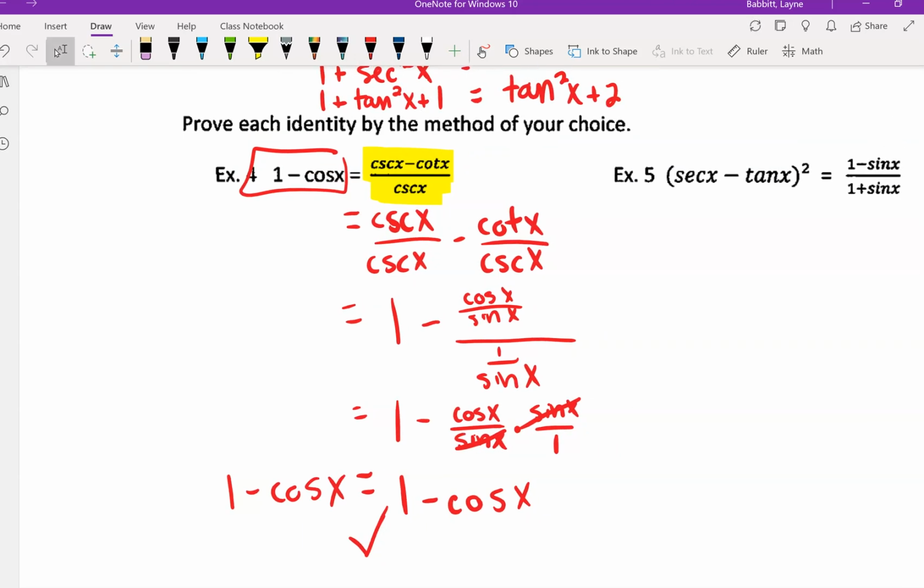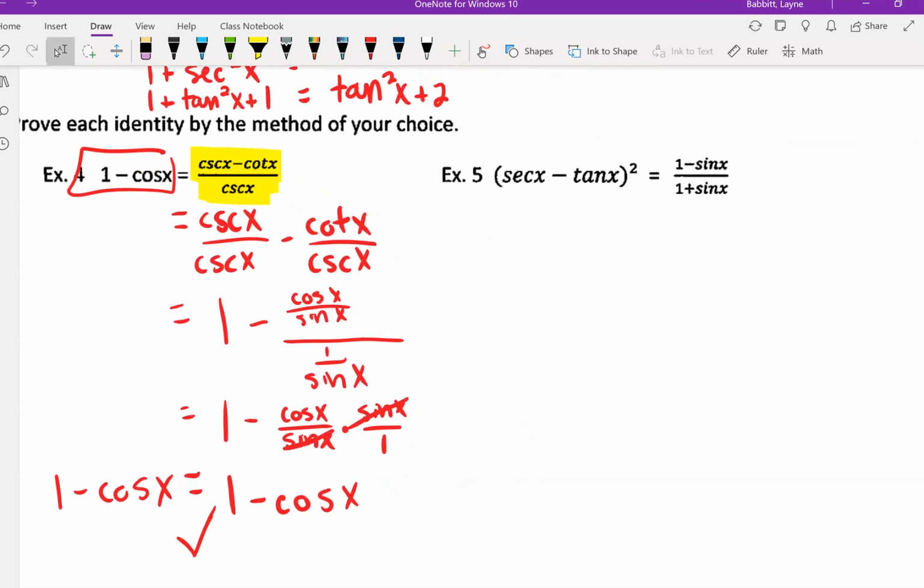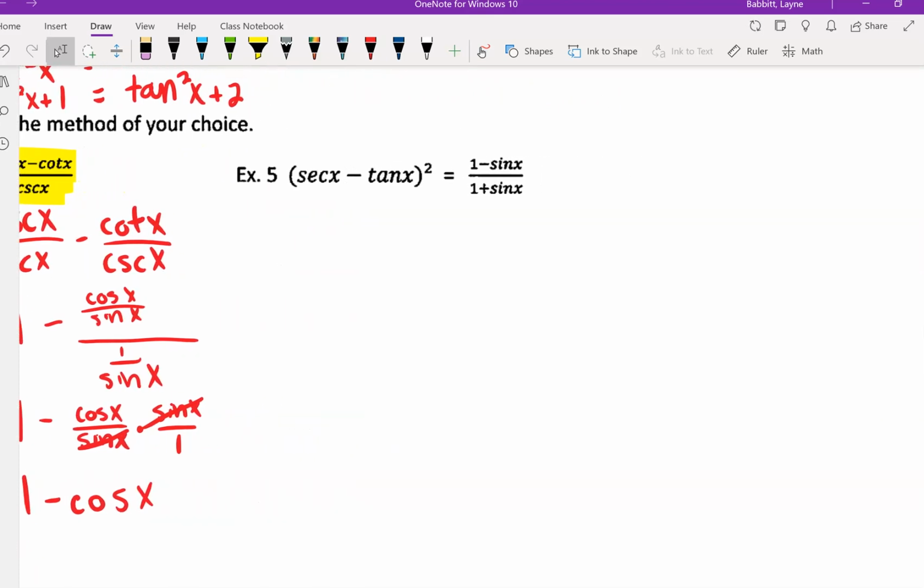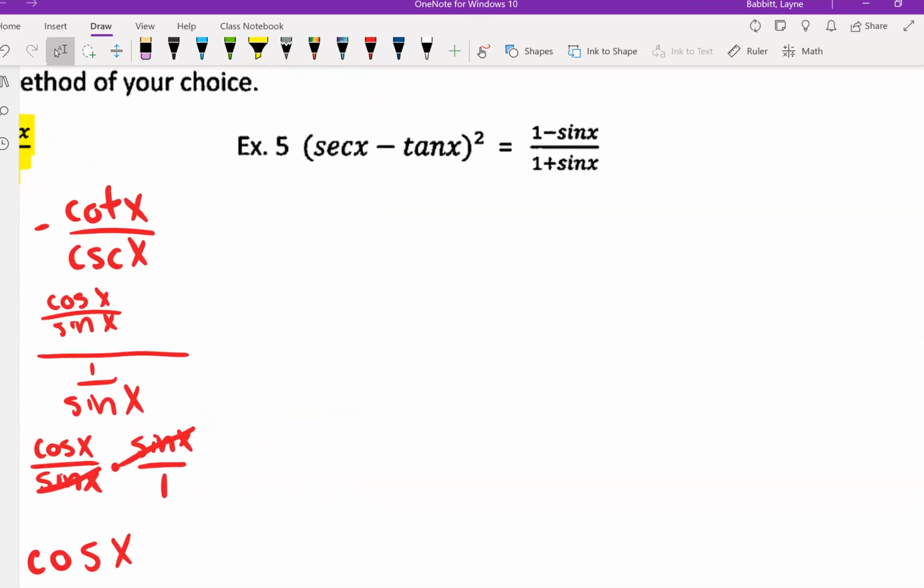All right. Final problem, I think. So take a look at this one and think about what method you might want to use. The easiest method on this one would be to try to take this left side and use the method where we're changing everything into sine and cosine.